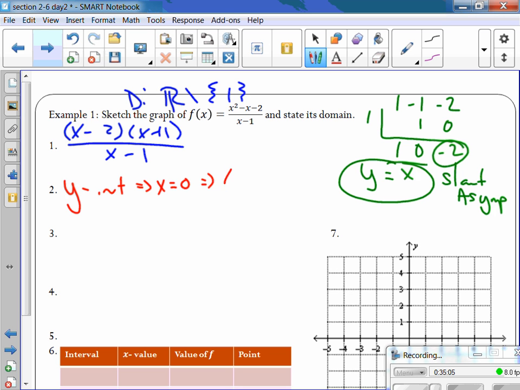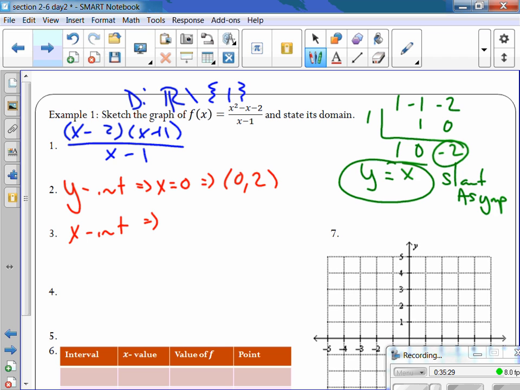My x-intercept, where the numerator is equal to 0, gives us what? Well, it's going to be y that's equal to 0. So we can say it's going to be x equals 2 and x equals -1, right?